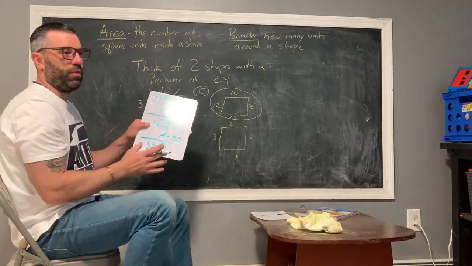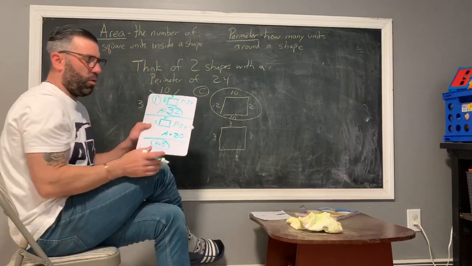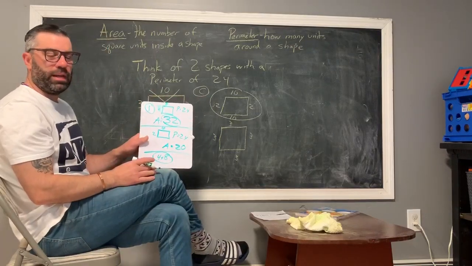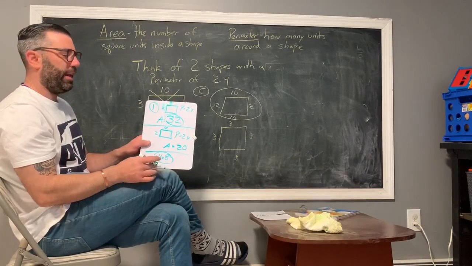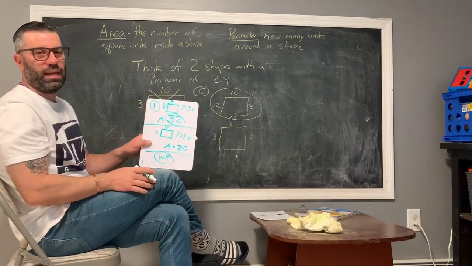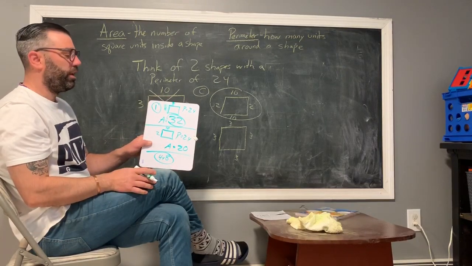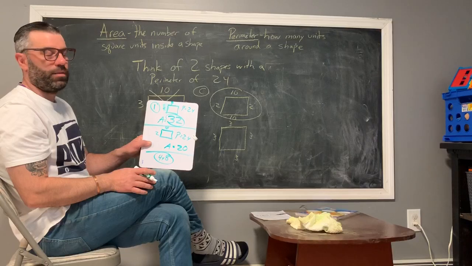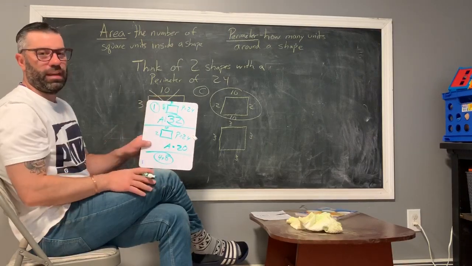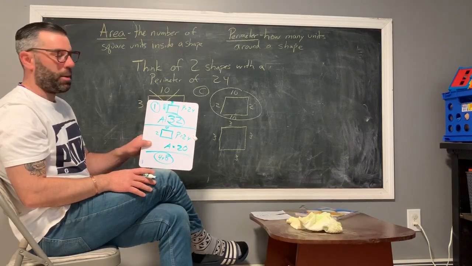This is why you need to write it down, because otherwise, what I was doing last night is I wasn't writing it down, and I couldn't remember the first rectangle that I wrote down. So it's really going to help you a lot if you write everything down, okay?